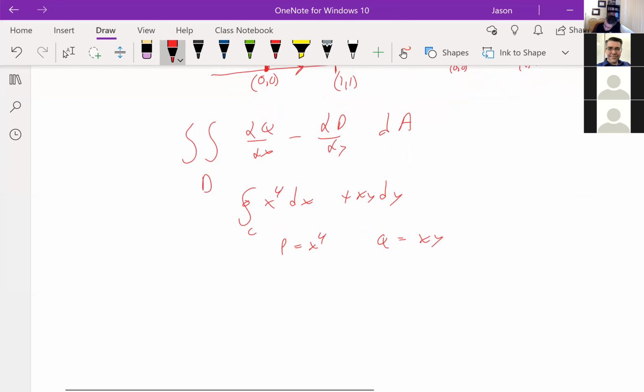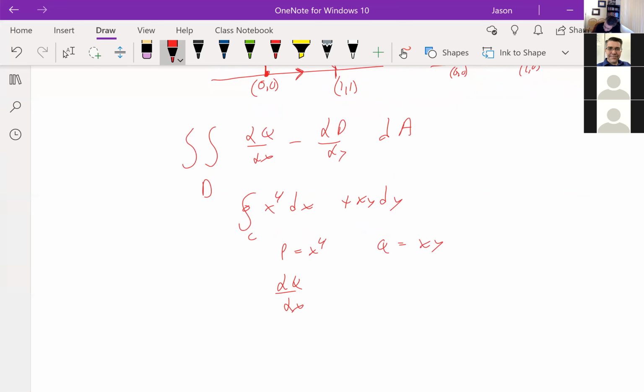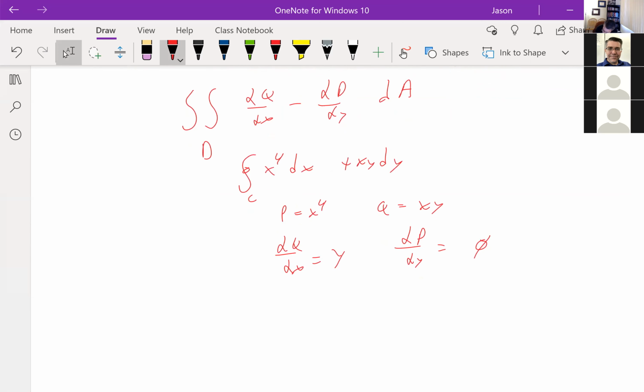So the partial of Q with respect to x is y. The partial of P with respect to y is 0. So this is the double integral of y minus 0, dA, over D.